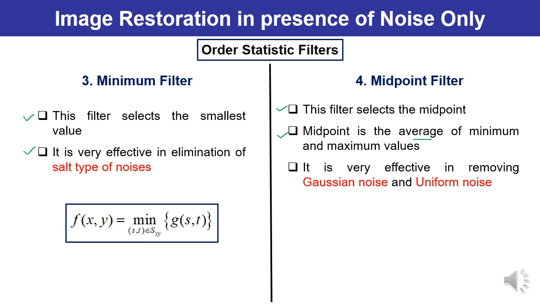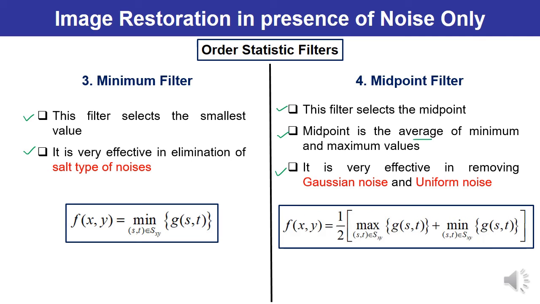If you have sorted a list and you find that 1 is the minimum value and 7 is the maximum value, what would be the midpoint? 1 plus 7 divided by 2, which is 4, and by this 4 the center pixel value is replaced. The midpoint filter is very effective in removing Gaussian noise and uniform noise. It is represented as f(x,y) is equal to 1 upon 2 times the maximum value plus the minimum value. As I have told you, it is the average of maximum and minimum.